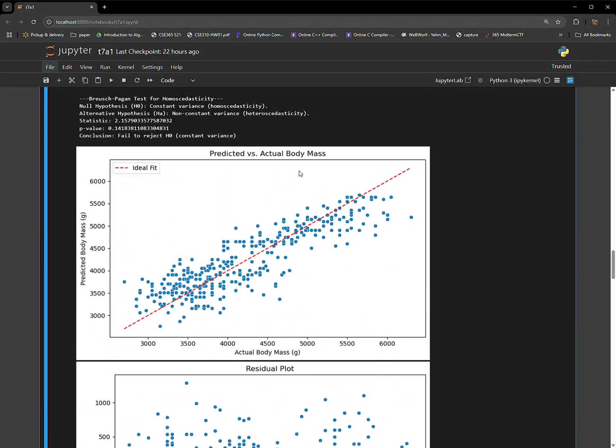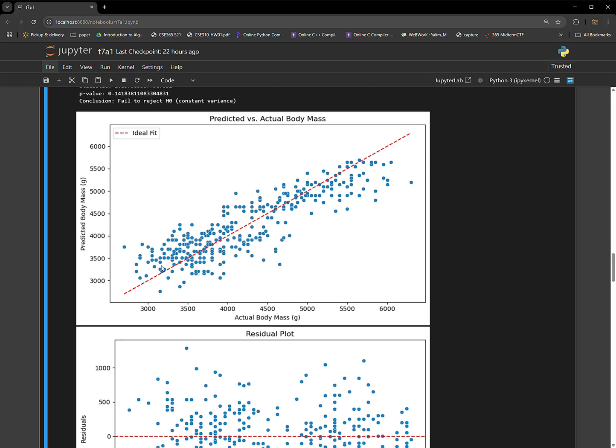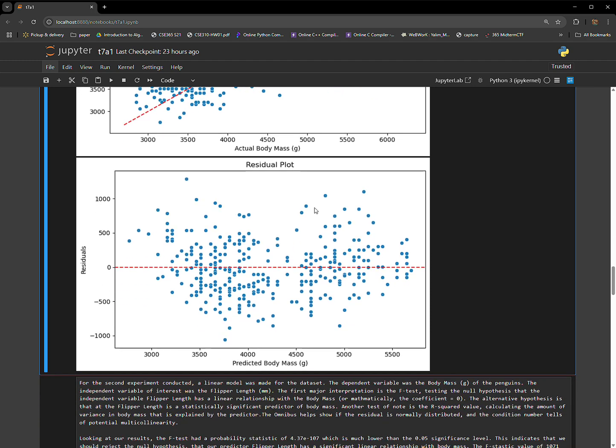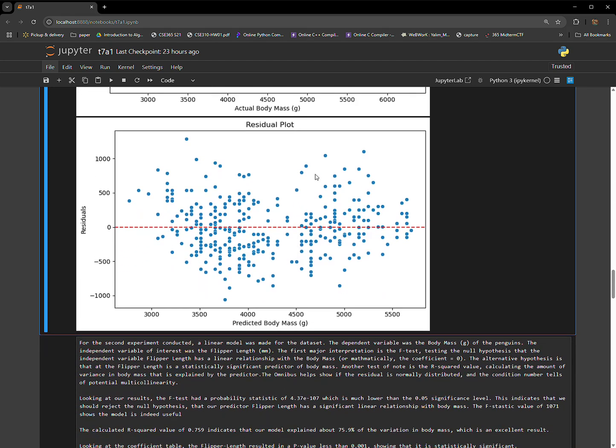Looking at these graphs here, we can see the actual body mass versus what we predicted. This red dotted line is what the ideal should look like, and we can see our data points are all clustered around this line, indicating a good fit. Looking at the residual plot, we can see a random scattering around 0.